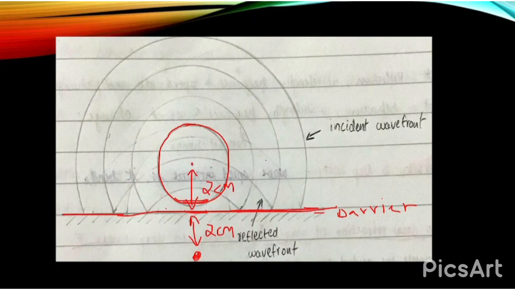Okay, so then you measure the distance from this point to this incident wave front. Then you keep your compass on this point and then draw an arc. Then do the same for the remaining wave fronts. So this is how you draw for a circular wave which hits a straight barrier.